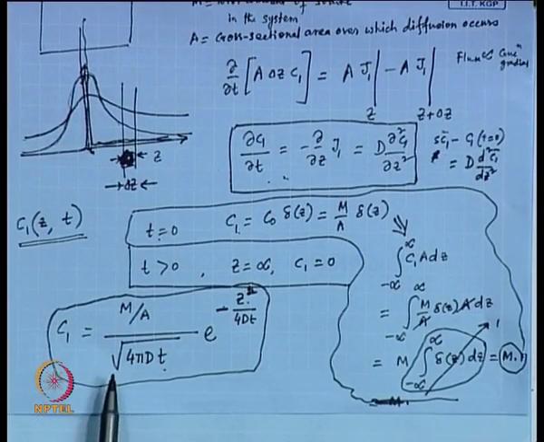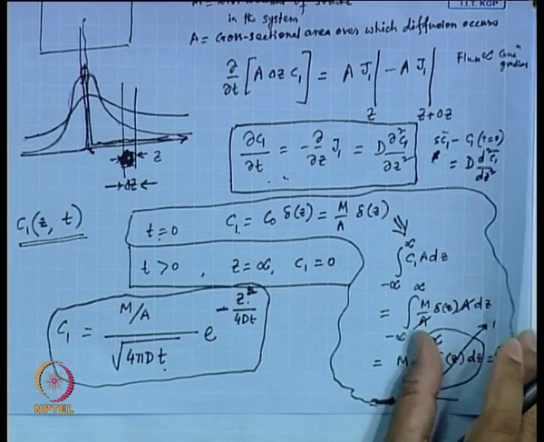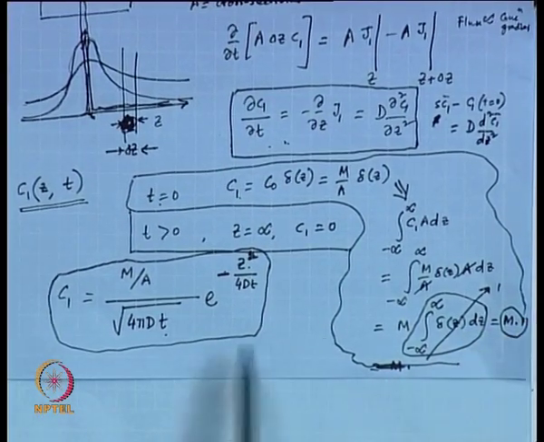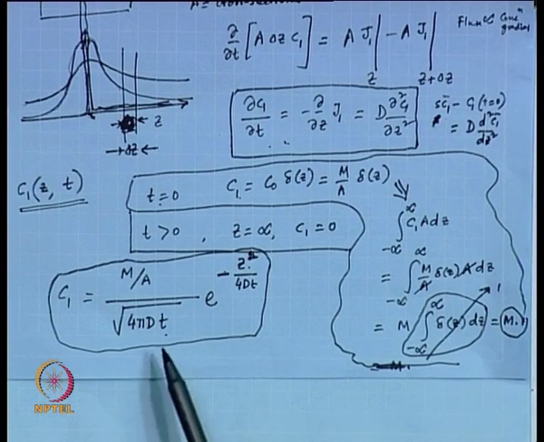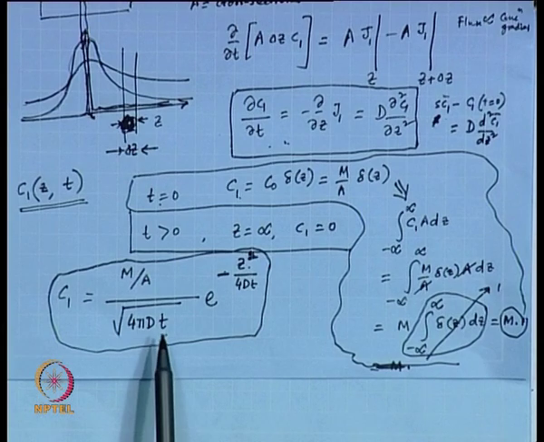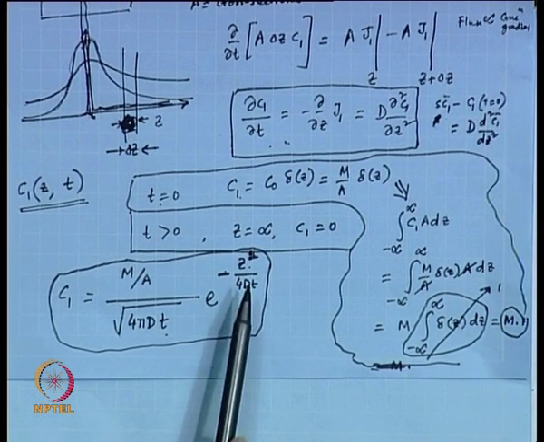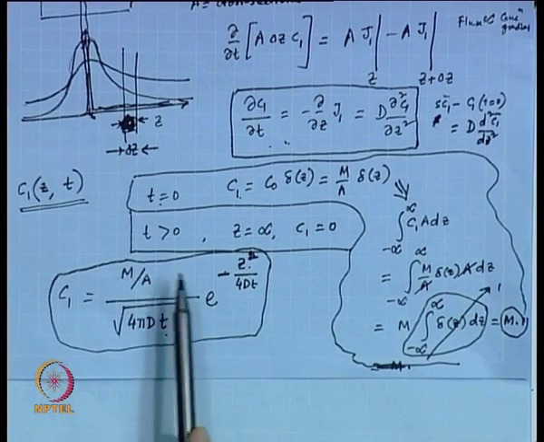So, I suggest that you should be familiar with how this whole thing can be handled. This is one such situation, and what you take from here is that you have square root of Dt type dependence in the denominator and e to the power minus z square by 4 Dt. That is a general trend.